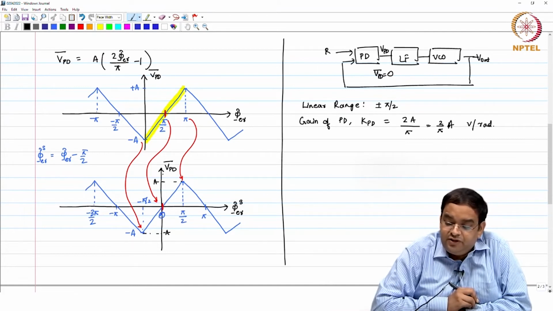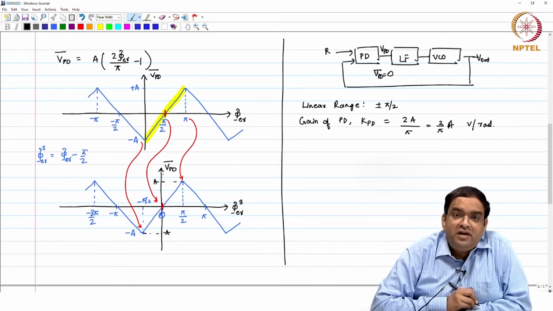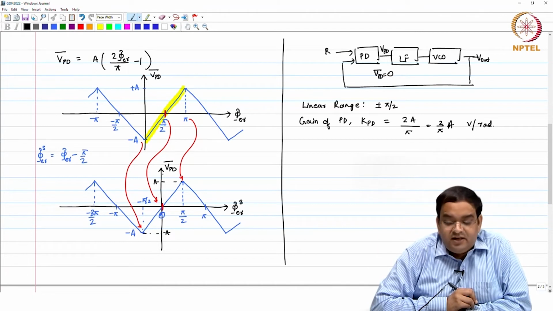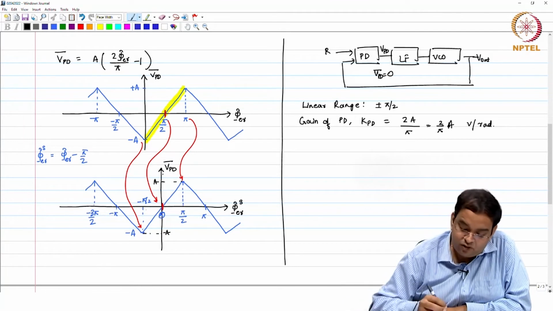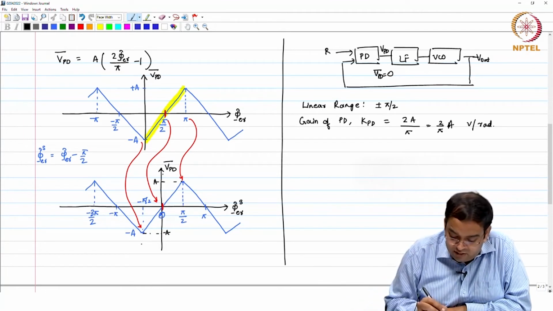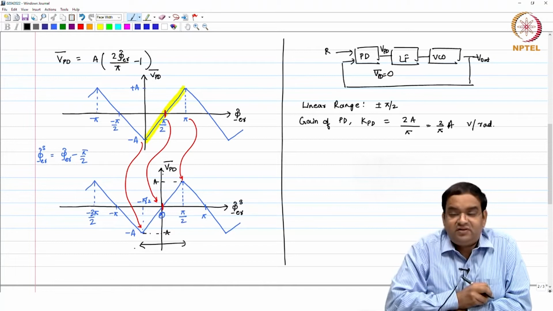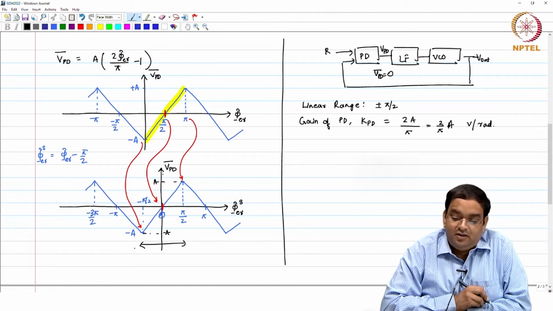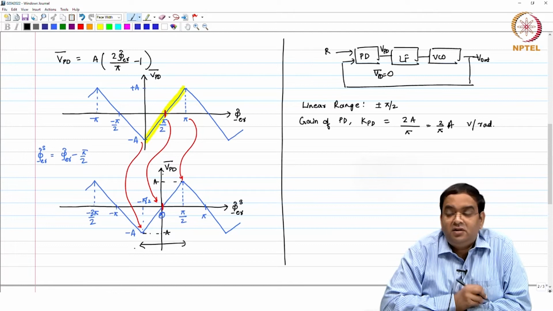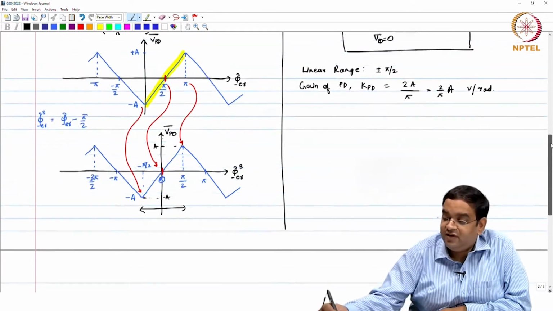So, the things which we look for are the linear range and the gain of the phase error detector, and on both counts what you see here is that the gain is constant throughout this range, right. The gain is constant, you have a linear range. So, this appears to be much better than the mixer based phase error detector.